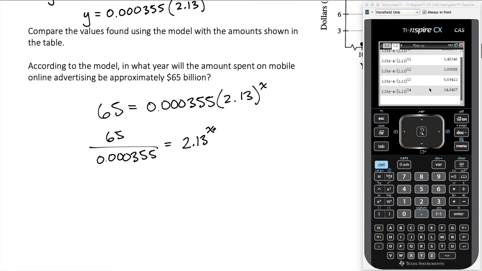To solve for this x, I need to use a logarithm. I'm just going to do the natural log of both sides here. So natural log of 65 over 0.000355 equals, and now when I do the natural log over here, that exponent of x can come out in front. So I'm going to pull that out in front.